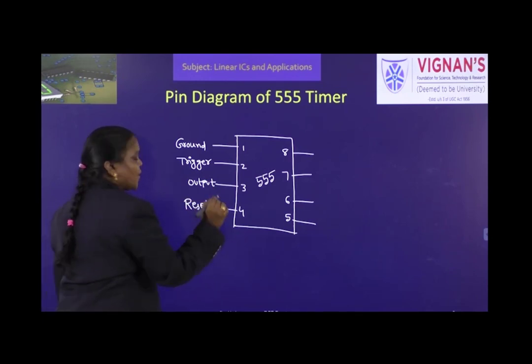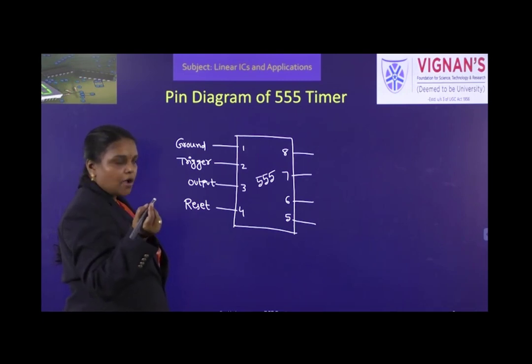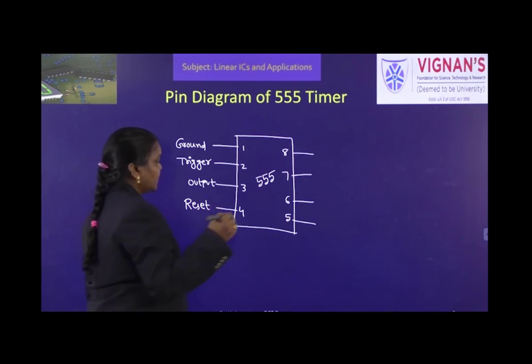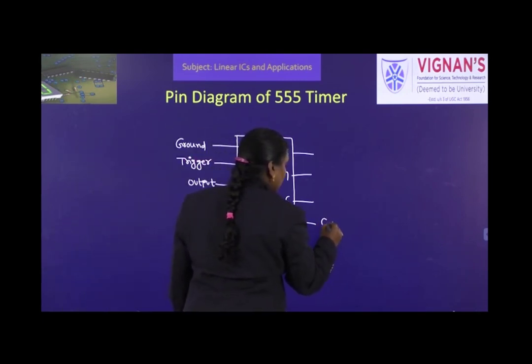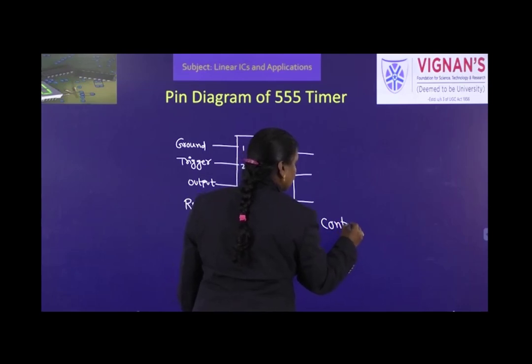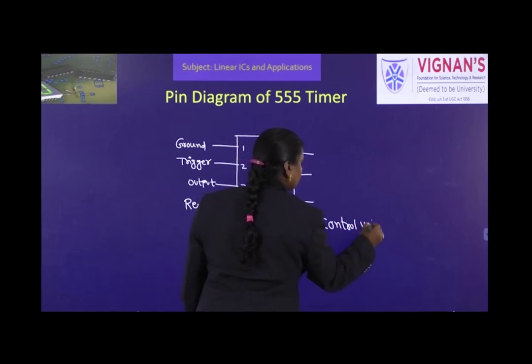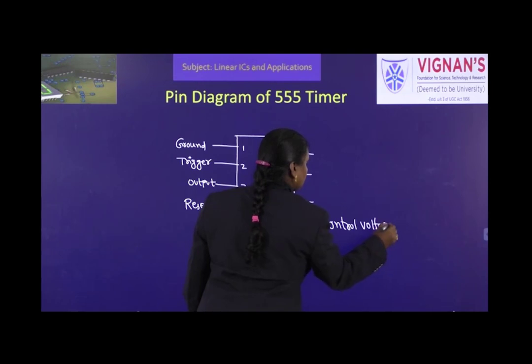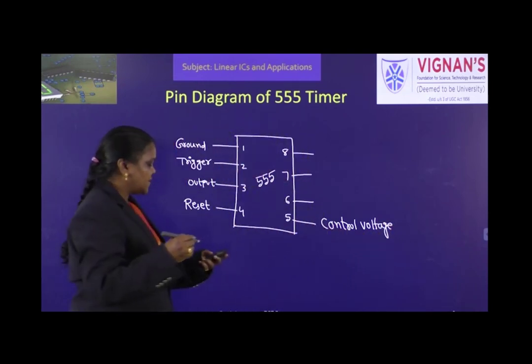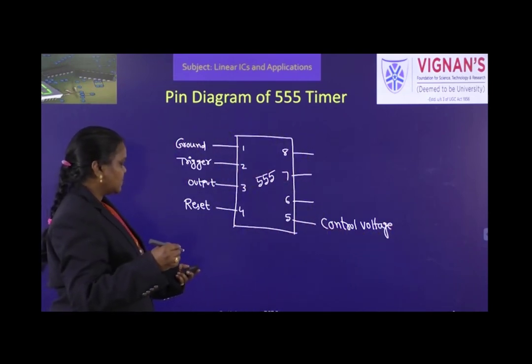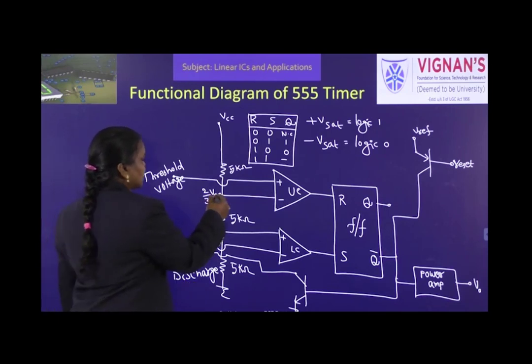That is, at any point of time you can reset the output by using this pin. And this is the control voltage. This is nothing but your 2/3 VCC point. So, this is the 5th pin.